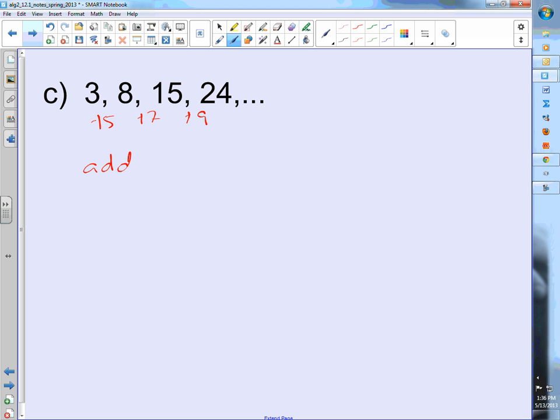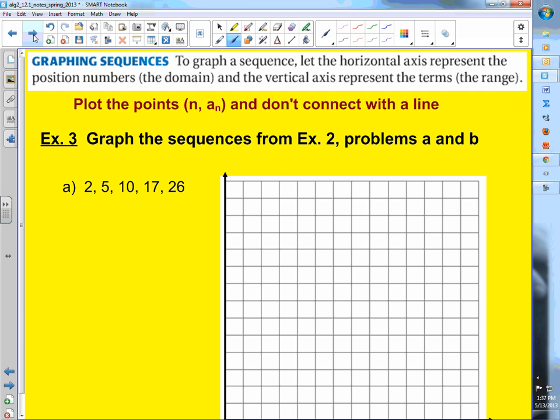So again, you're adding consecutive odds to get from one term to the next, starting with adding 5. Really, that's all I want you to be able to do at this stage of the game. Some of these sequences are arithmetic, some of them are not. Some of them are geometric, some of them are not. It doesn't matter to us today what kind of sequence you're dealing with.